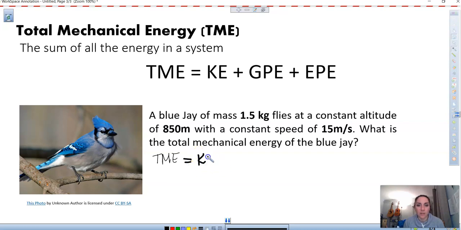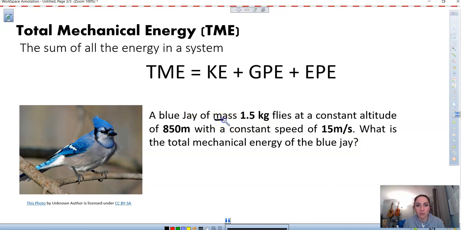So it's going to be the kinetic energy. Well, you know what? I'm moving too fast here. Before I start calculating, let's read the problem. We have a blue jay. It's a pretty big blue jay, very heavy blue jay, fat blue jay, that flies at a constant altitude of 850 meters with a constant speed of 15 meters per second. What is the total mechanical energy of the blue jay?